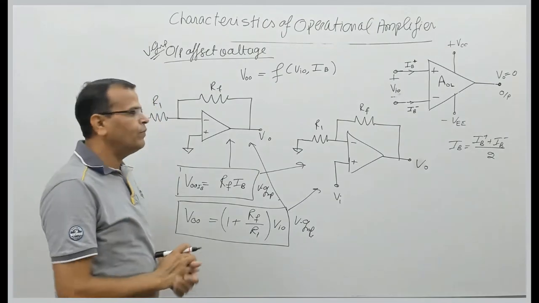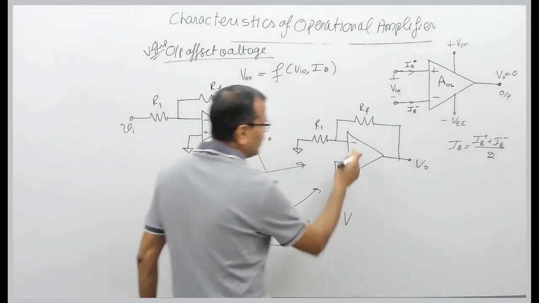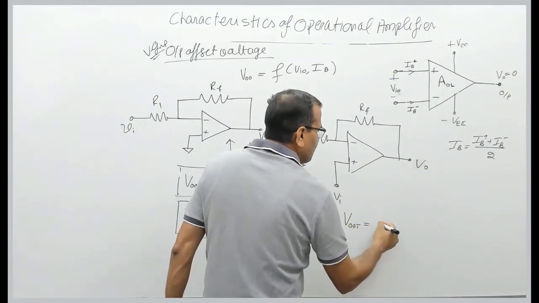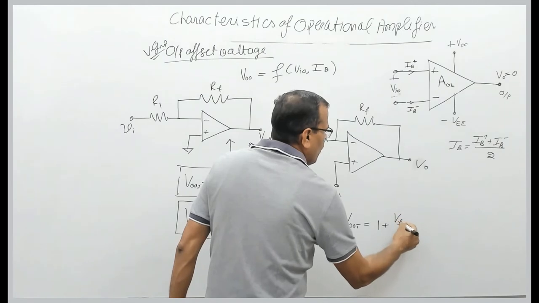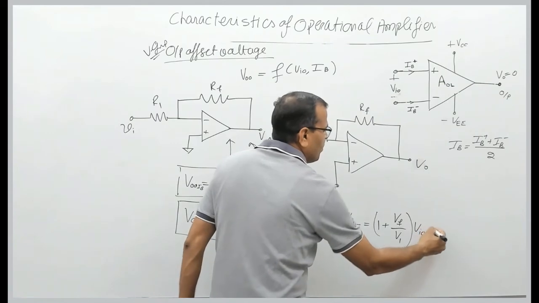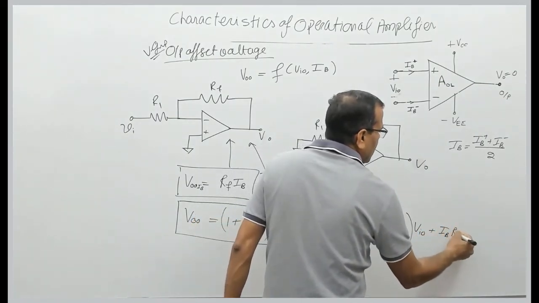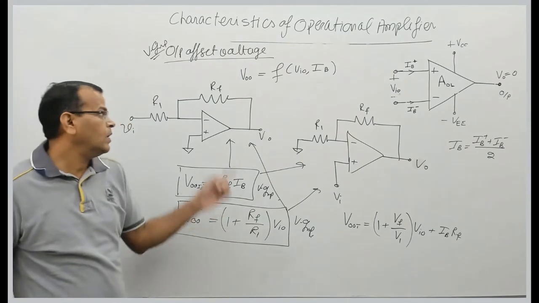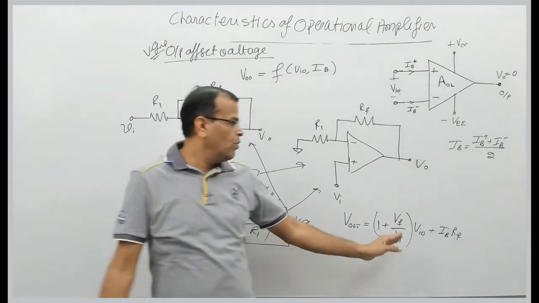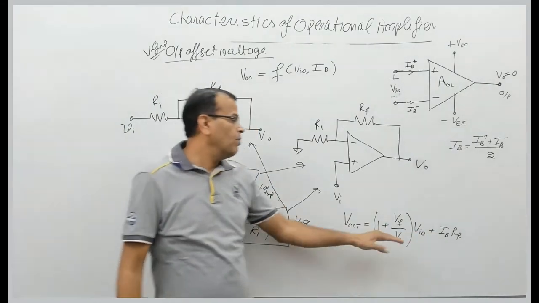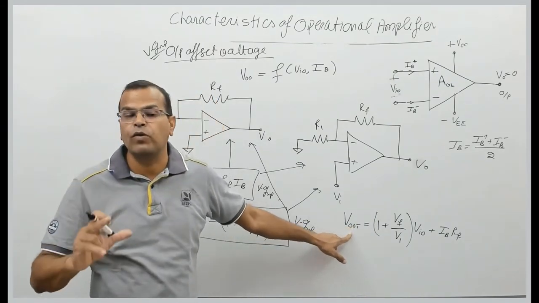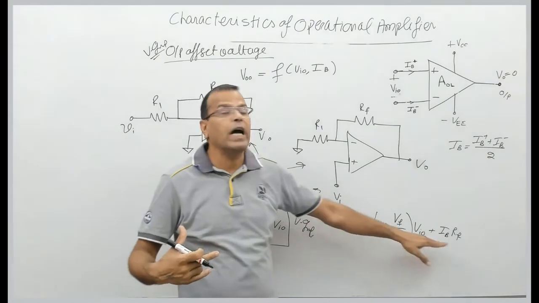So if you talk about total offset voltage, it is applicable for both circuits. Total output offset voltage is the algebraic sum of these two, that is, the term into VIO plus bias current into RF. But remember, the offset voltage because of input offset voltage and that because of the bias current may have the same polarity or different polarities, but the maximum possible output offset voltage will be obtained when both have the same polarity.